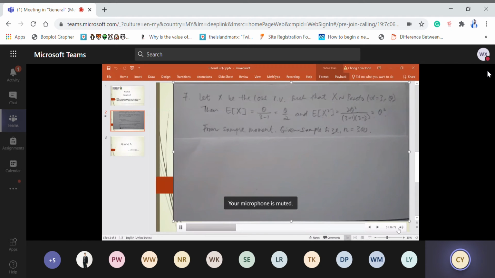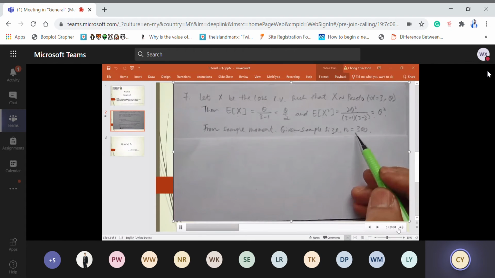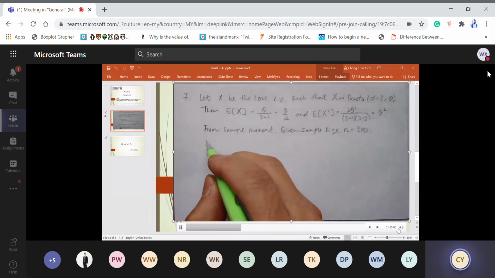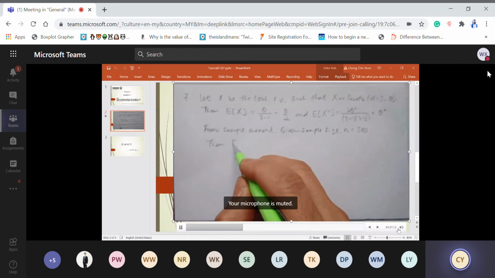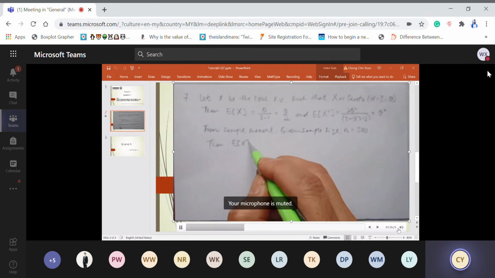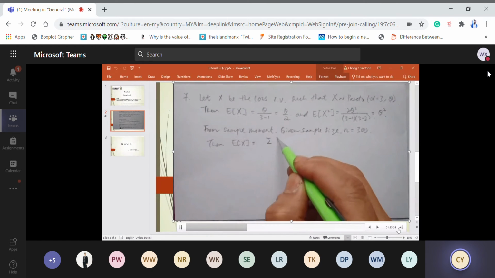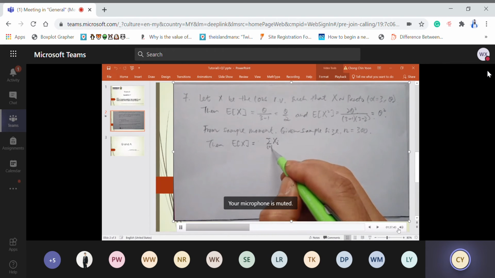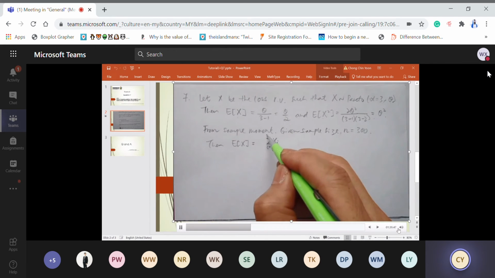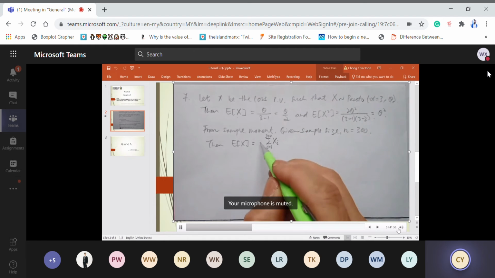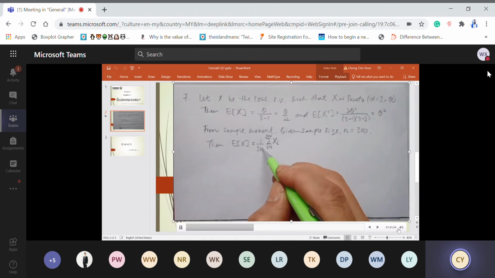Now from the sample moment, given that the sample size n is 300, then the first raw moment is equal to the summation of xi, where i is from 1 to 300, divided by 300.